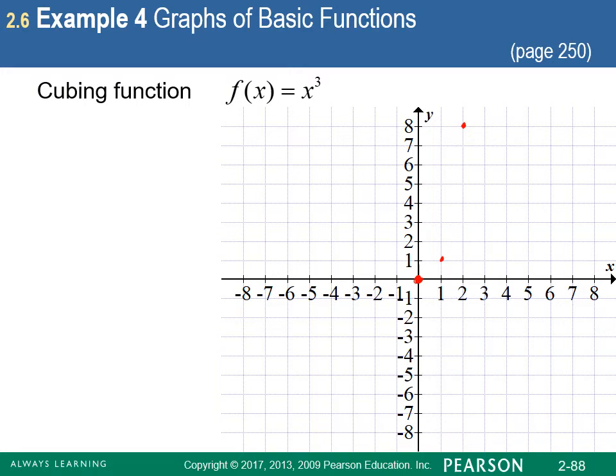And so real quickly it goes beyond the scale on the y-axis. Likewise, there's a dot at -1, -1, and -2, -8. So the side over here is just inverted from the side over here.